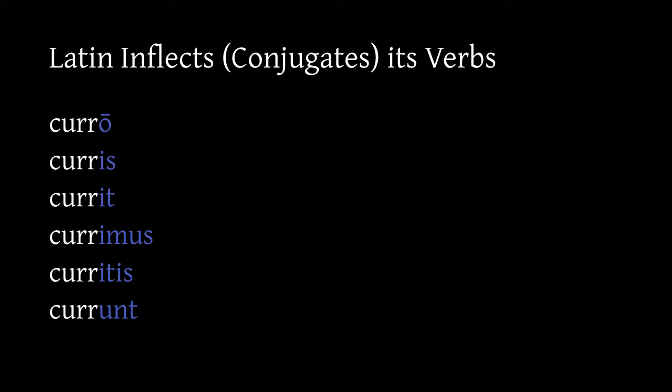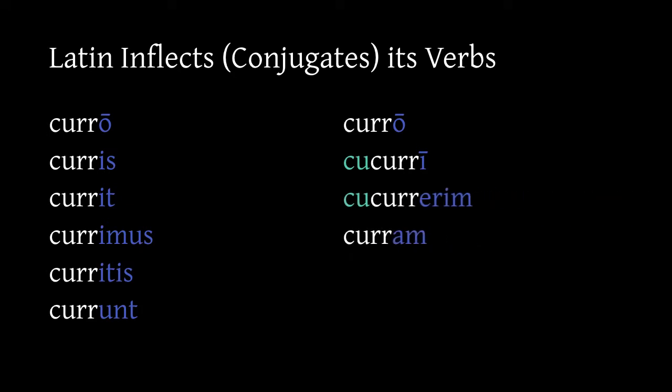It's the same when we want to change tense and mood. This is the present active indicative, curro, I run. I have run. I would have run. I will run. I will have run. I was running.